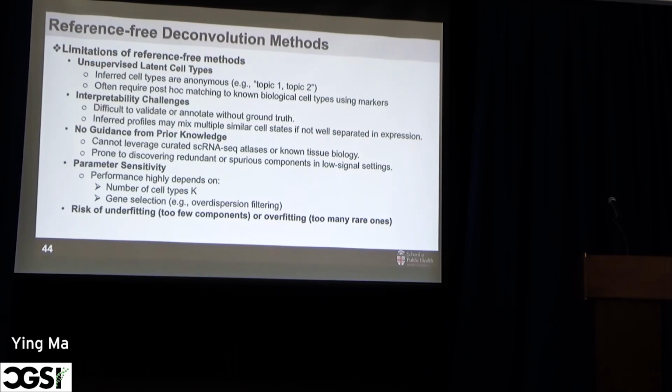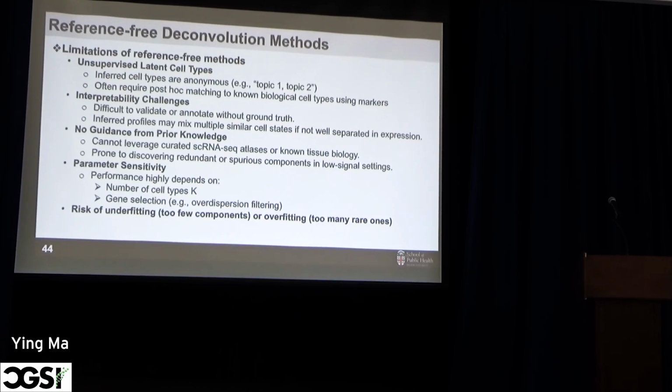And also the inferred profiles may mix multiple similar cell states. Let's say if your topic 1 and topic 2 are very similar, it's very challenging to annotate them to the correct cell types. And there is no guidance from prior knowledge because it doesn't leverage any existing knowledge. It's also very sensitive to parameters such as the number of topics you choose. It's still an open problem in the dimension reduction field how many topics you should choose.